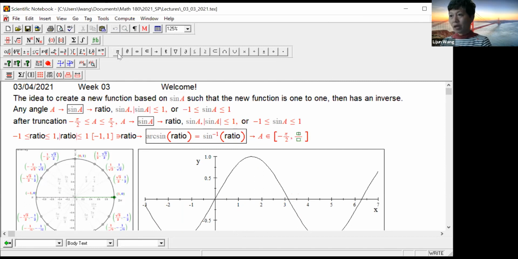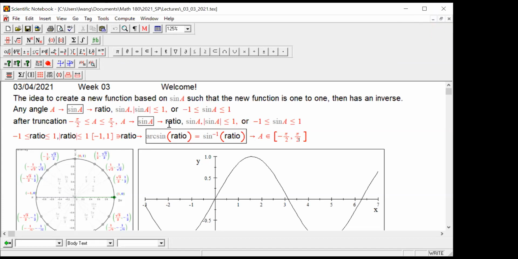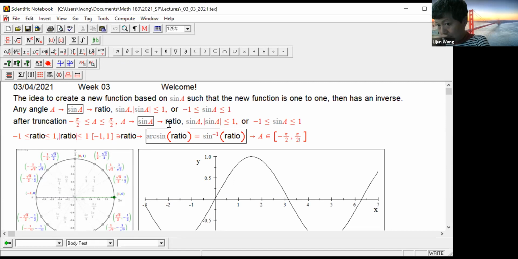Of course, we have a lot of issues to answer, but right now, does everybody understand this inversing process? Now we're going to plot some points.